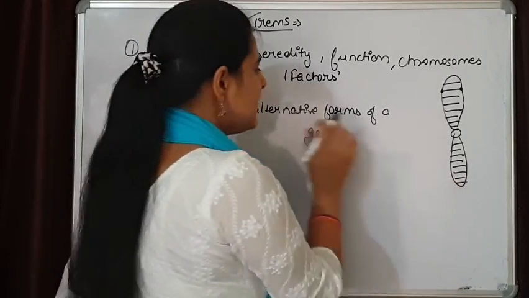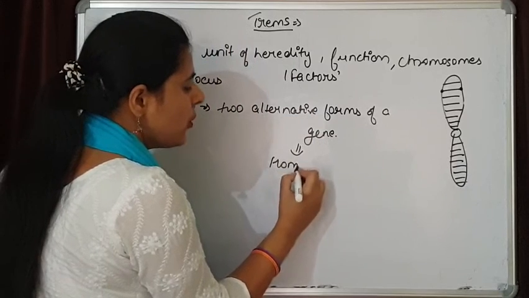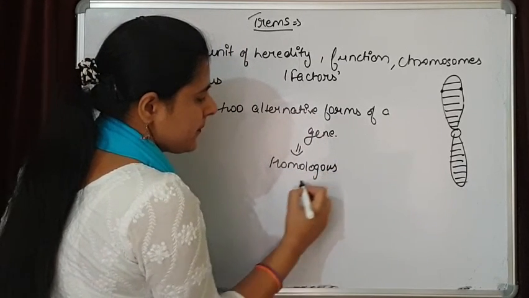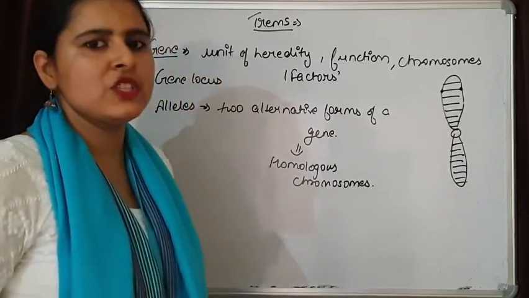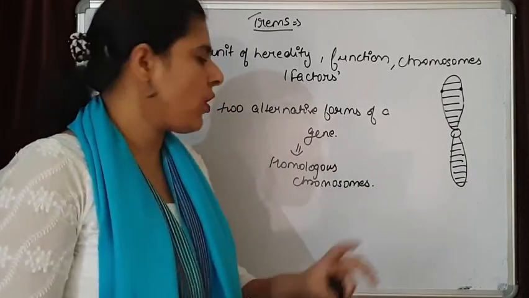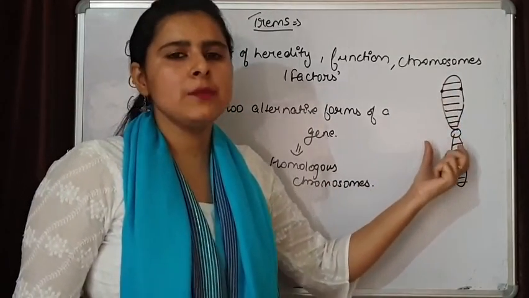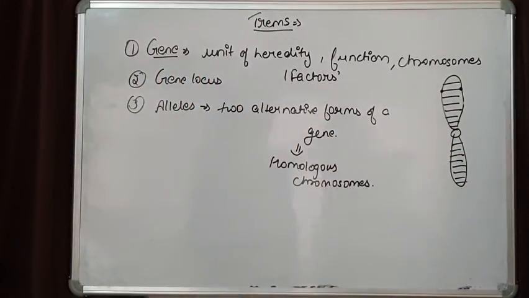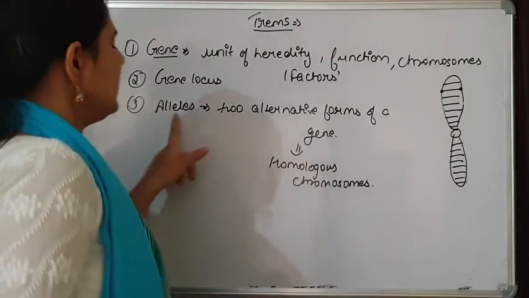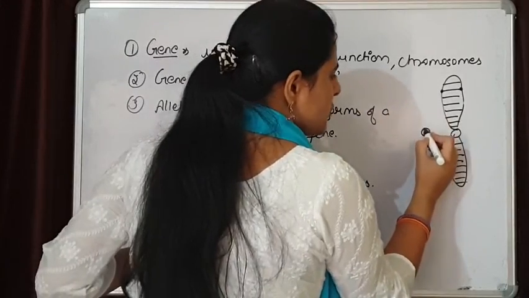Now the situation is, this pair or alternative forms of genes are present on homologous chromosomes.